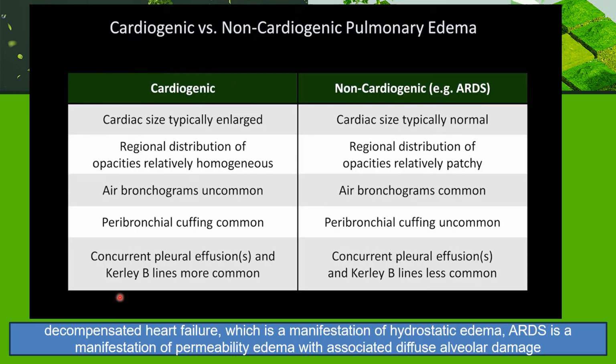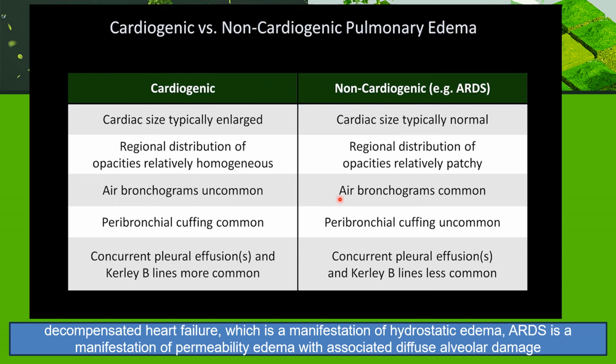So here is the difference between cardiogenic and non-cardiogenic pulmonary edema. Obviously, in cardiogenic pulmonary edema the cardiac size is enlarged, while in non-cardiogenic it is normal. Regional distribution opacities are relatively homogeneous and symmetrical, as we discussed before, but in ARDS they are patchy. We will see some X-rays of ARDS in a later slide.